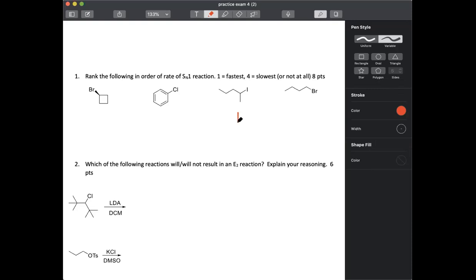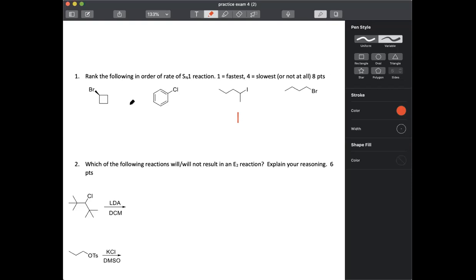Yeah, third one, right? It's the only tertiary one. So after this, we have two secondaries, right? So out of these two, what do you guys say? Oh, yeah, my bad.